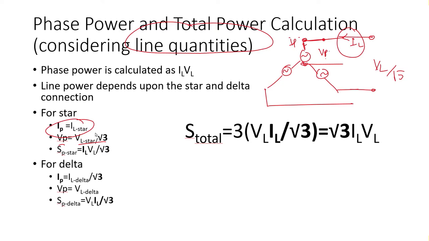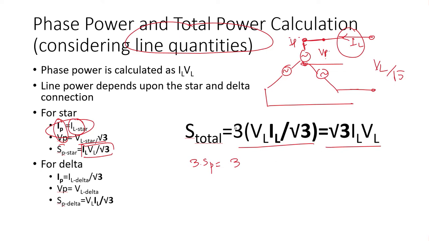Now the phase power would be calculated as S phase is IP into Vp, so IL into VL by under root 3. So this is now our first phase. If you want to calculate 3 phase power, so 3 into S phase, 3 into VLIL divided by under root 3, which is under root 3 VLIL.